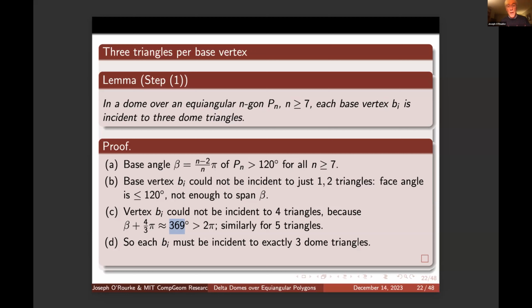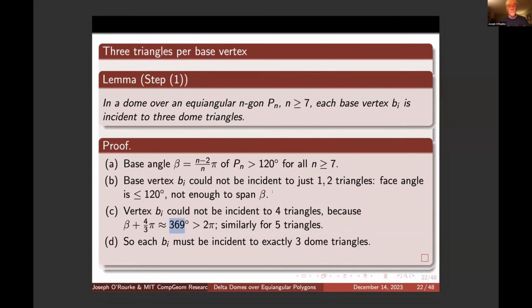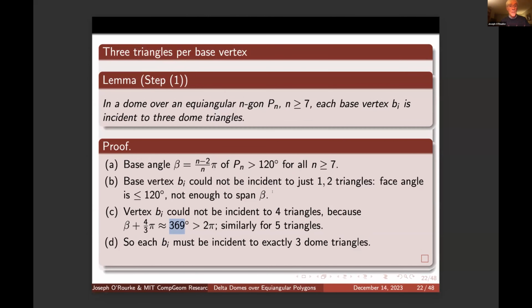And of course, 5 triangles would be even worse. So the only way is to have 3 triangles incident. So that's a significant constraint. Okay, so that's step 1. Each base vertex is incident to 3 dome triangles.